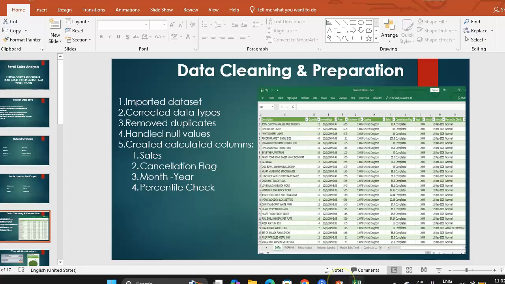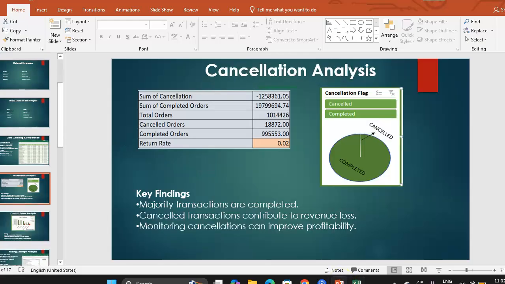Then we move forward to cancellation analysis. In the dataset, invoice numbers beginning with the letter C represent cancellation transactions.